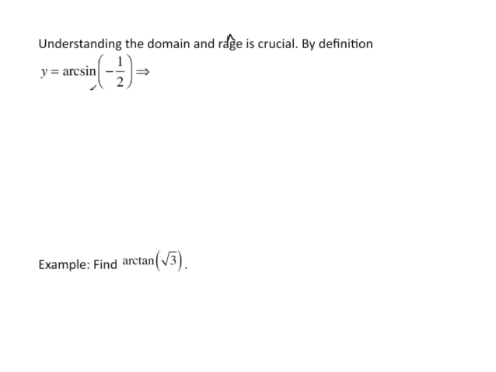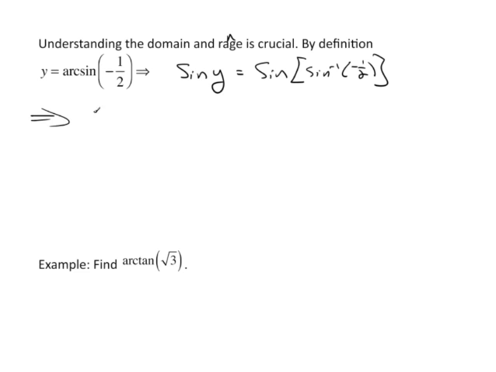Now, y is equal to arc sine of negative 1/2 if and only if I take the sine of both sides: sine of y equals sine of arc sine of negative 1/2. All I did is take sine of both sides.